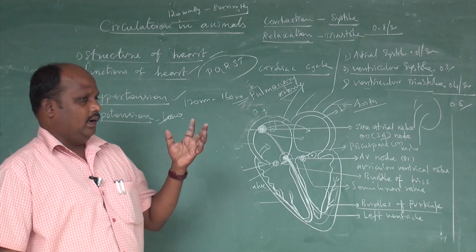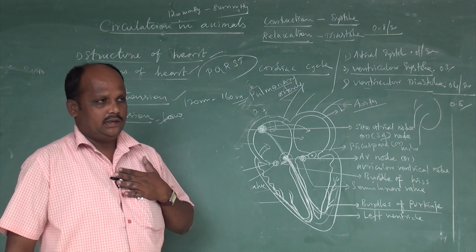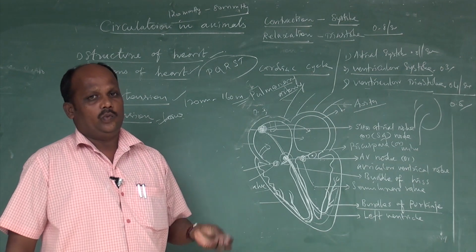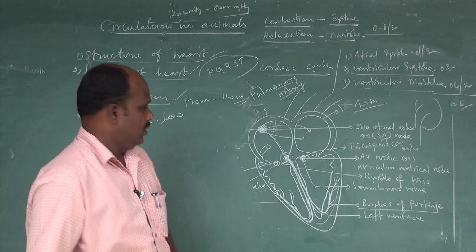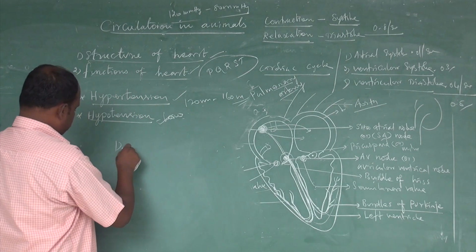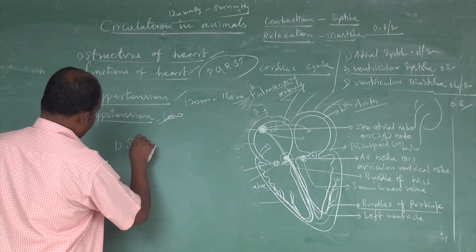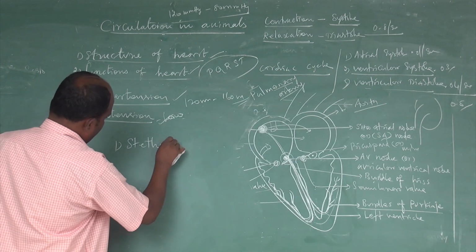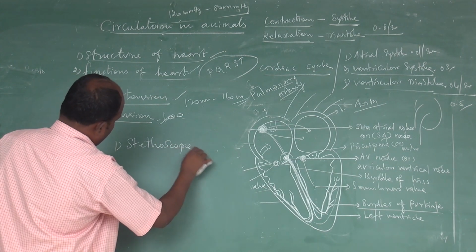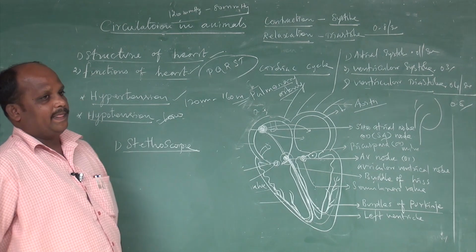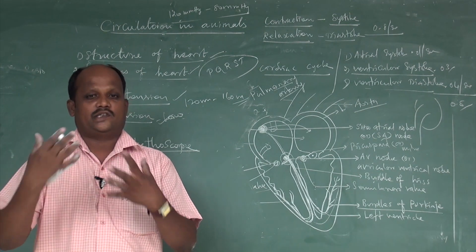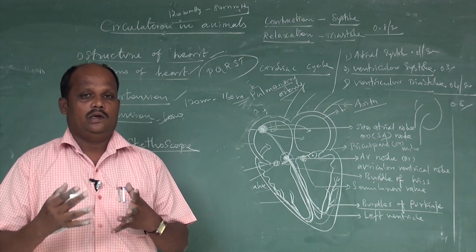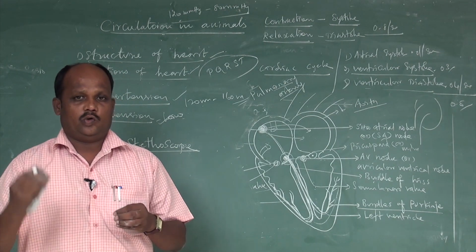Next, the functions of the heart and the pressure value can be measured through two medical laboratory instruments. One is the stethoscope. The stethoscope is a medical laboratory instrument that detects the heart sound. The doctor can observe the patient's heartbeat sound through the stethoscope.